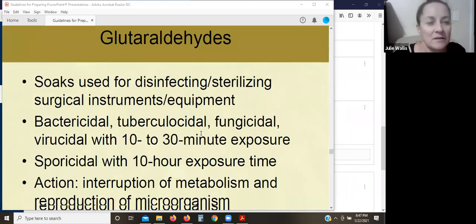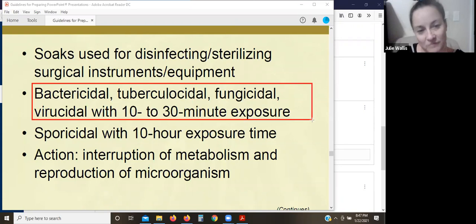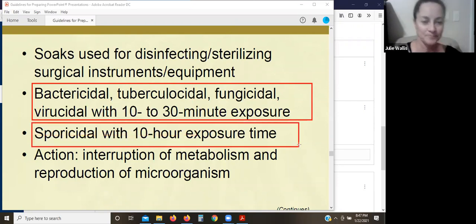Glutaraldehydes are used for disinfecting and sterilizing surgical instruments and other medical equipment. It's bactericidal, tuberculocidal, fungicidal, virucidal with 10 to 30-minute exposure. Can be sporicidal with a 10-hour exposure time.